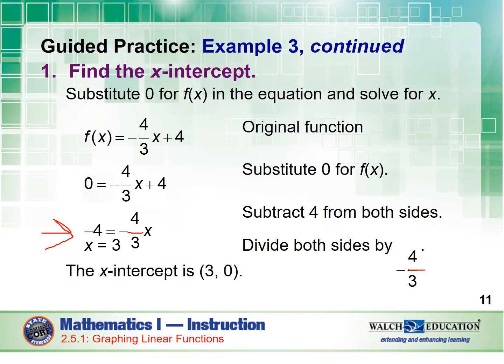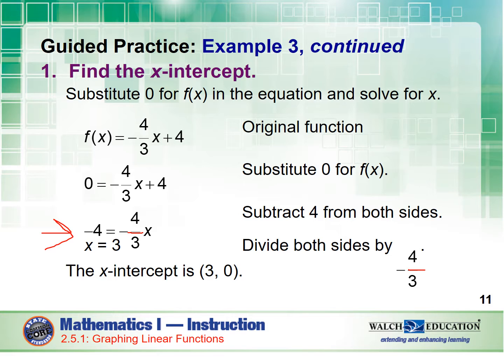When you divide by negative 4 over 3, remember when you have a fraction and you're dividing, it's same change flip. So negative 4 over 3 becomes negative 3 over 4. It's the same as multiplying by the reciprocal, which is how you get 3.